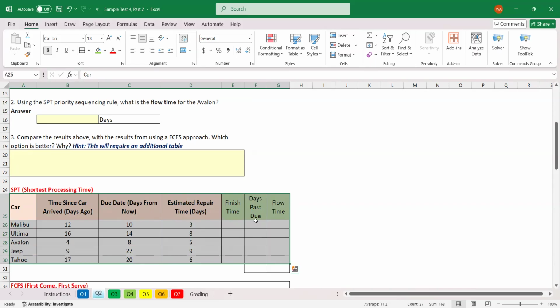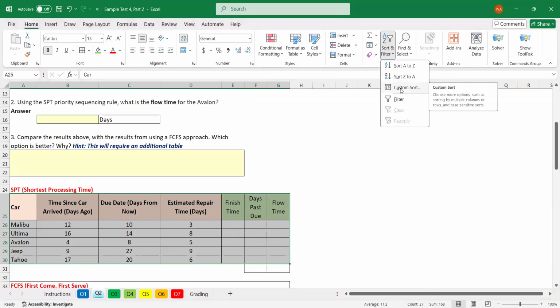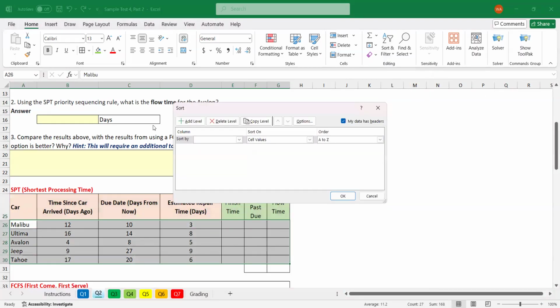So highlight your entire table and do a sort. I typically would do a custom sort, and I'm going to sort this table by estimated repair time from smallest to largest.